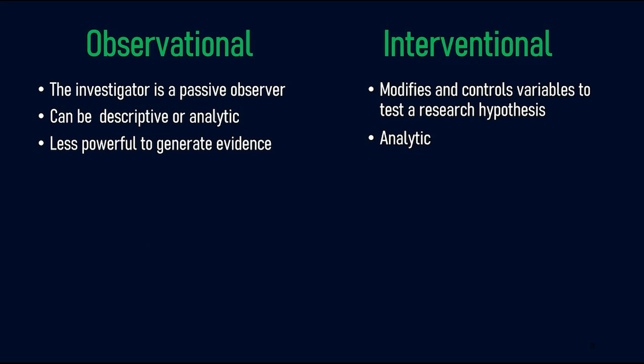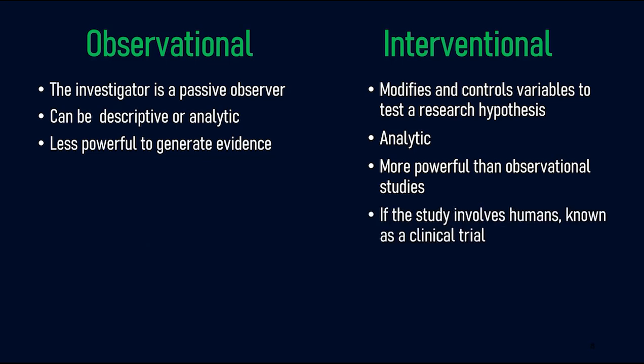By default, they are analytical in nature, and because there is manipulation of the exposure, they are more powerful than observational studies. Not necessarily all the time. A poorly performed interventional study may be inferior to a well conducted observational study.